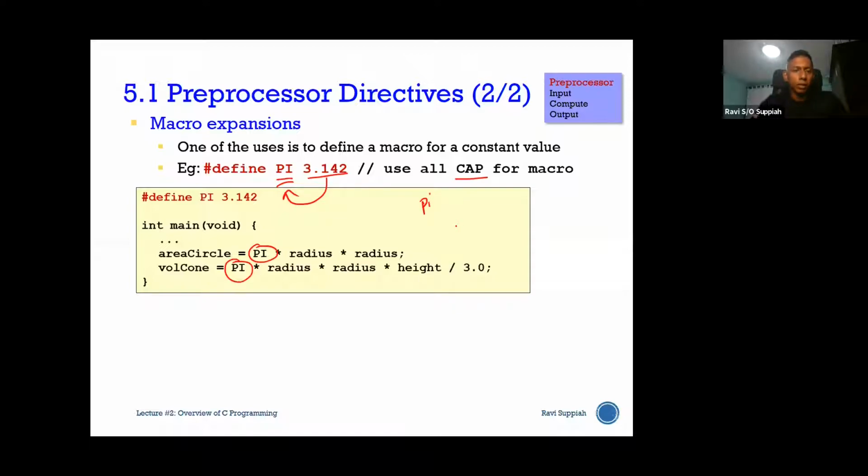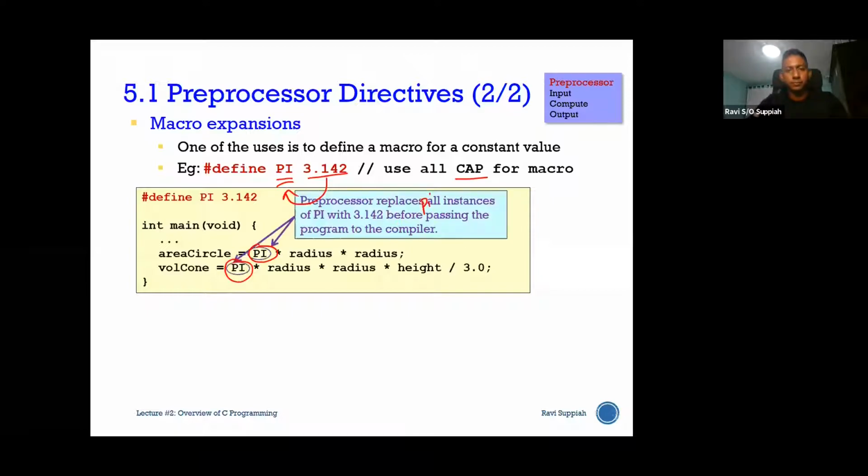But the reason why we recommend using caps is because for normal variables, we tend to use lowercase or what we call camel case. In constants, we always use caps. So this is just a programming convention that allows your code to be more readable, for yourself as well as for others who may do a code review or who may take over your code for future enhancements and so on.